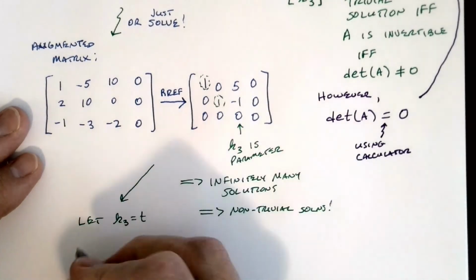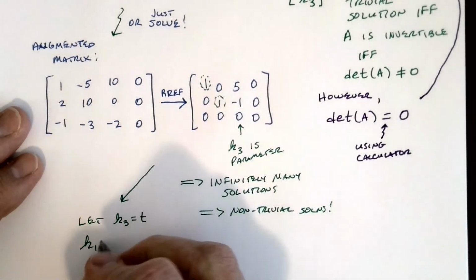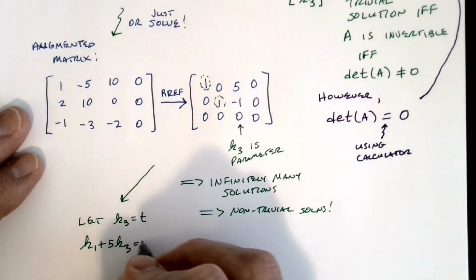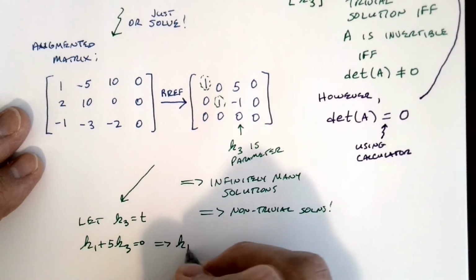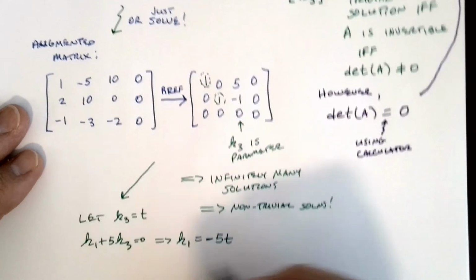And then what do we have from the first equation up there? 1K1, 0K2 plus 5K3 equals 0. And so I can solve for K1. Our fixed variable is negative 5T.